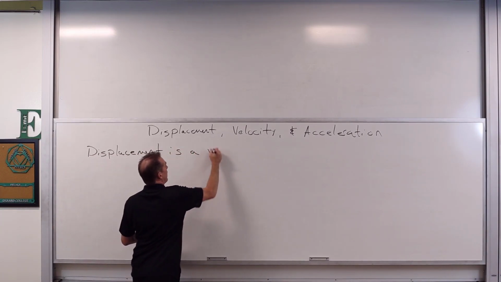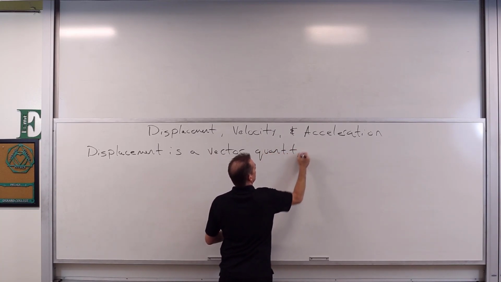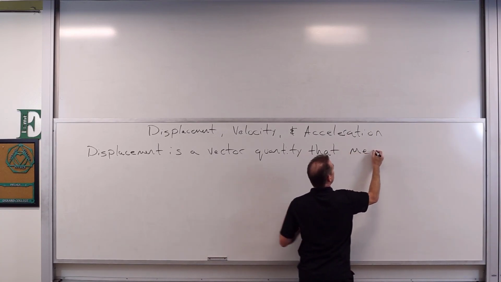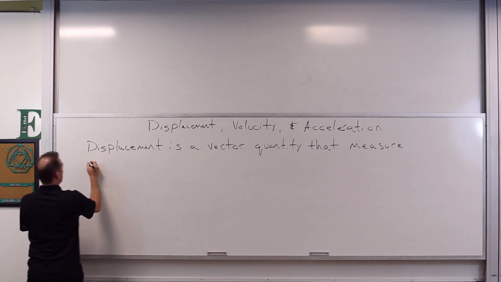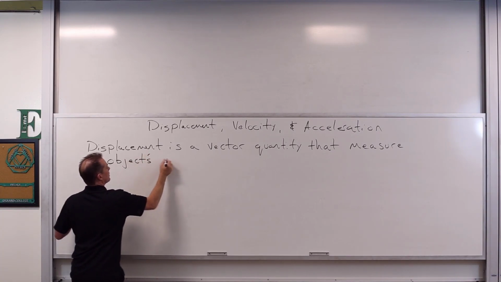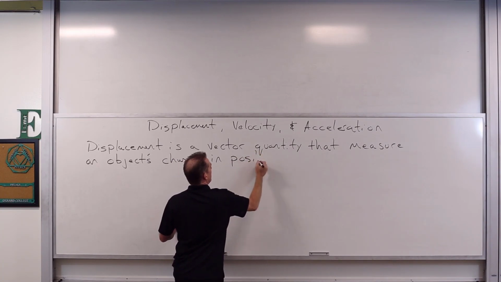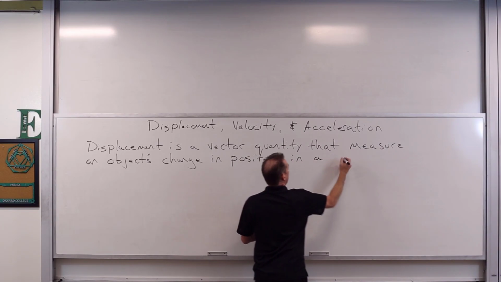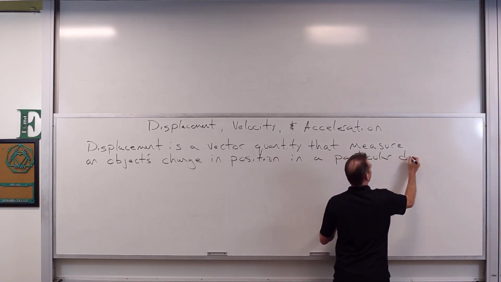Displacement is a vector quantity that measures an object's change in position in a particular direction.